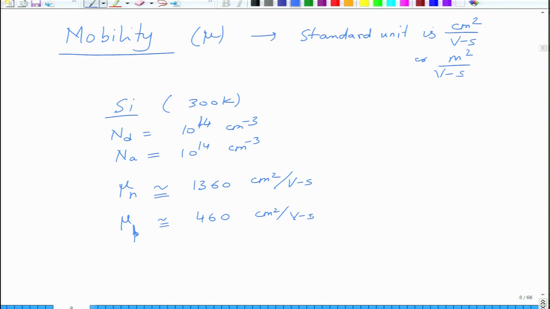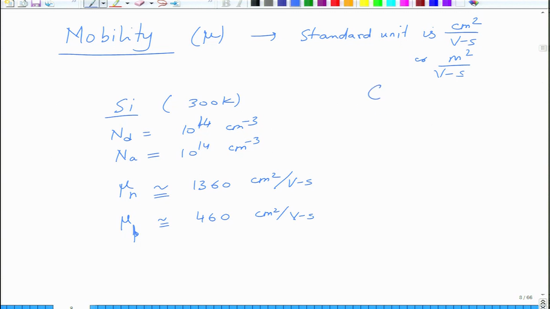So, generally for semiconductors like silicon, the electron mobility is a lot greater than the hole mobility, whereas these mobilities are significantly higher in materials like gallium arsenide.